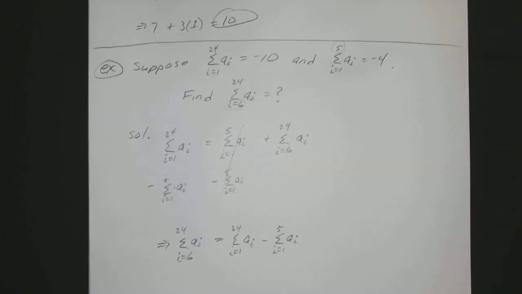Okay. And we had to do that because remember all of our properties only worked when you had a lower bound of 1.